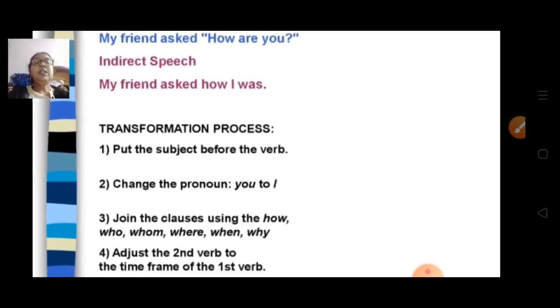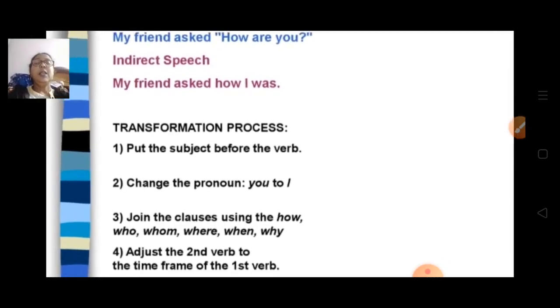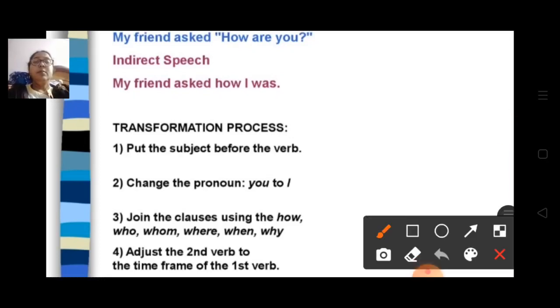So these are the transformation processes. Put the subject before the verb, which you have seen in this sentence also. We have already put the subject before the verb. Here you can see this is the subject, and this is also the subject.